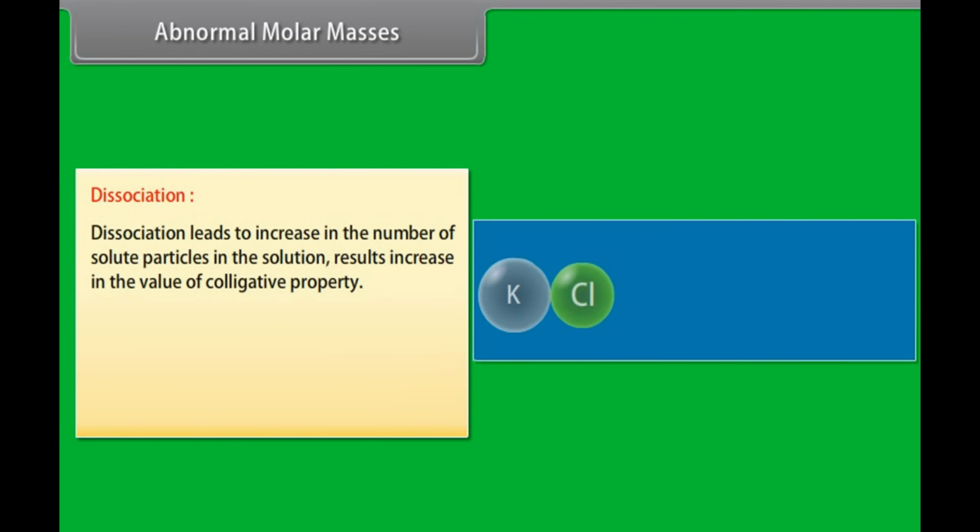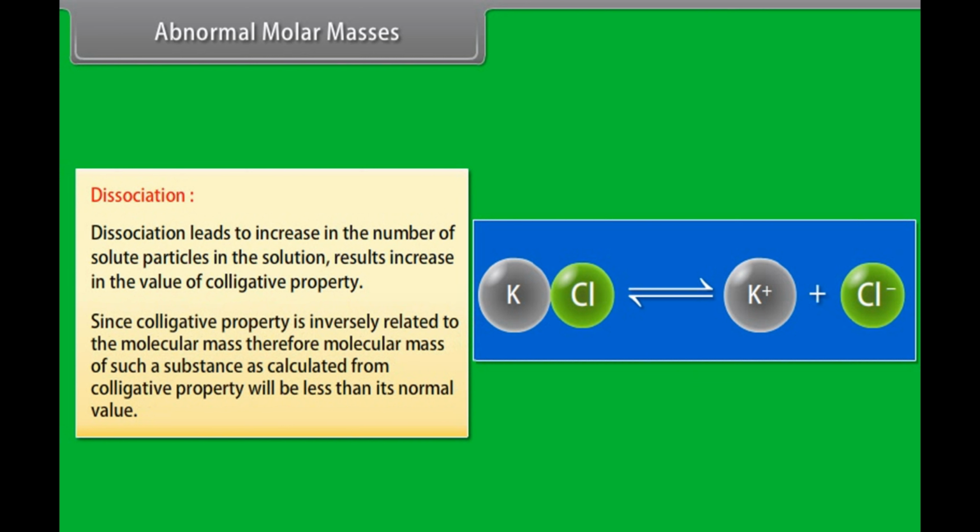Dissociation. Dissociation leads to increase in the number of solute particles in the solution, results in increase in the value of colligative property. Since colligative property is inversely related to the molecular mass, the molecular mass of such a substance as calculated from colligative property will be less than its normal value.